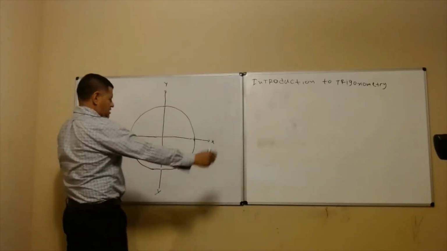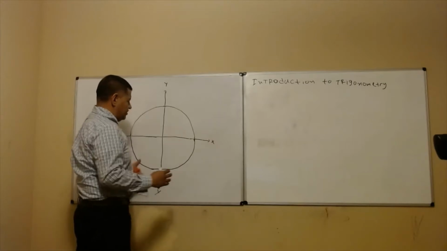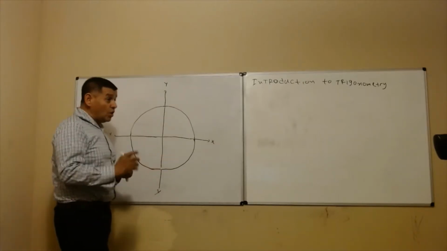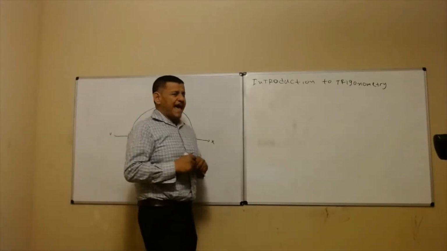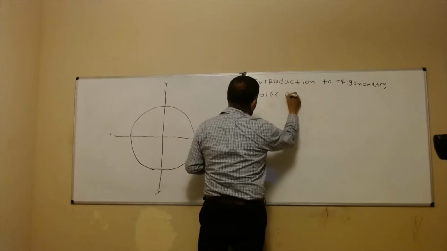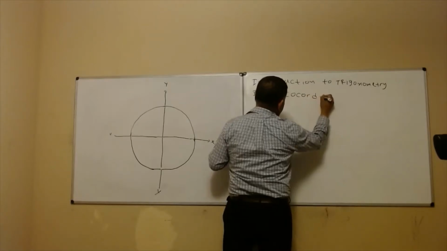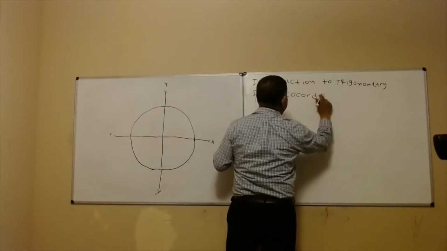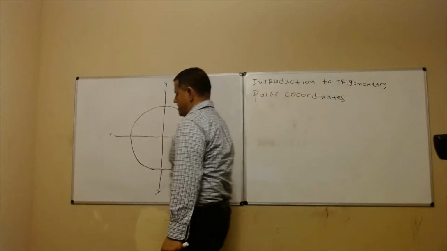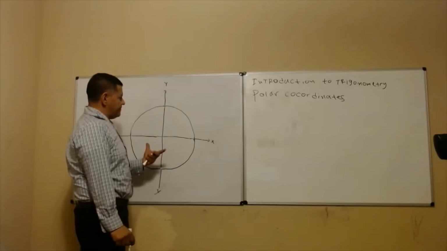A unit circle is a circle in the Cartesian plane x, y, z, which is also known as polar coordinates. So basically, this unit circle, right?